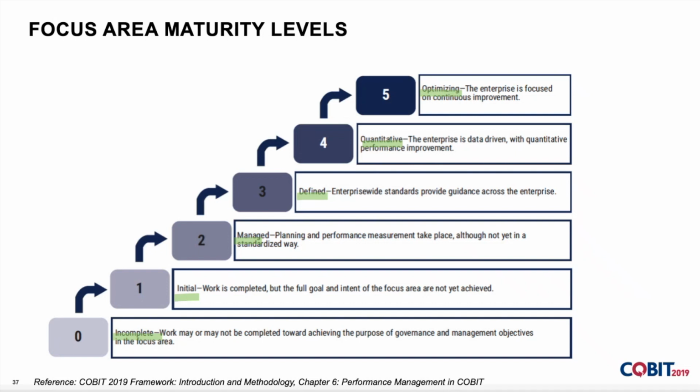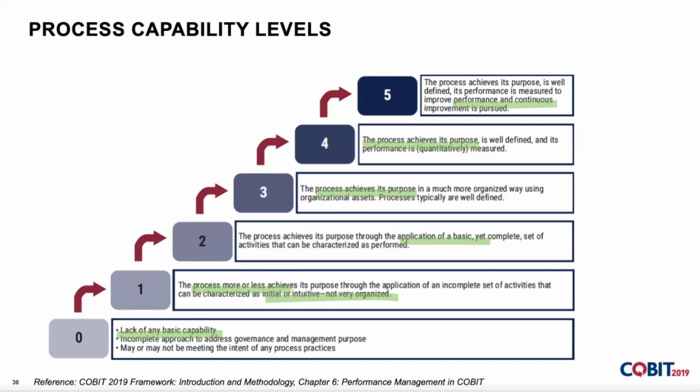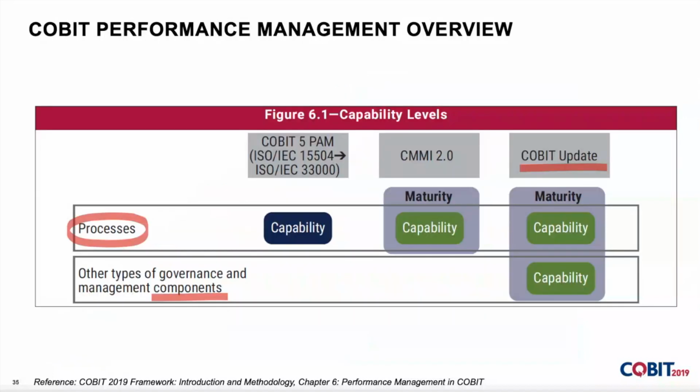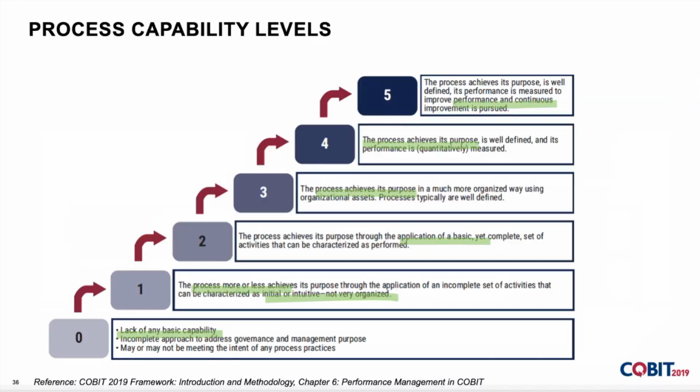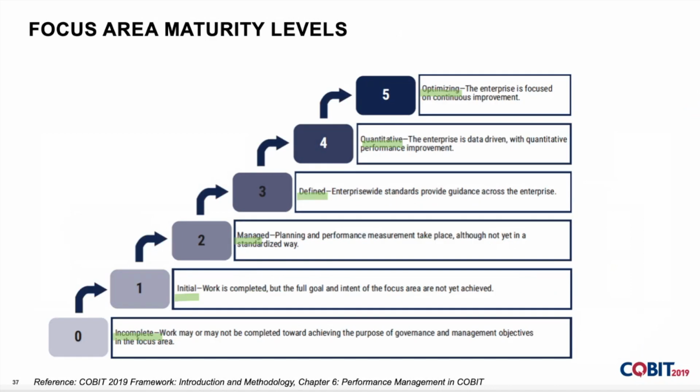However, again, take into account that you could have your process, if I go back one slide, at level 5, but because process is only one specific element, it could be that your entire maturity is still at level 3 or maybe even at level 2.